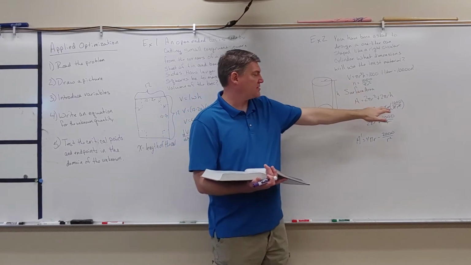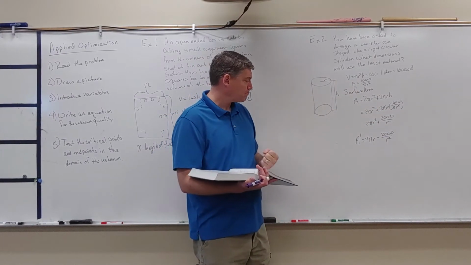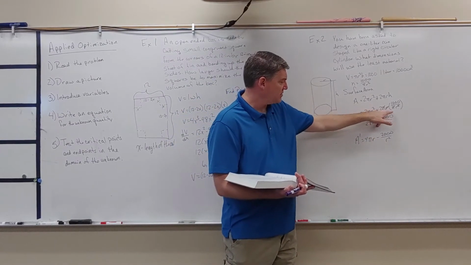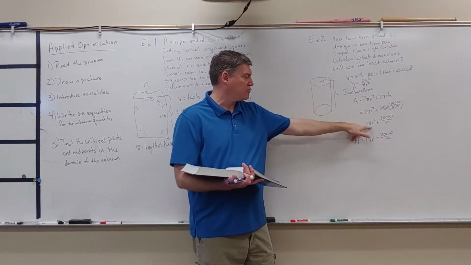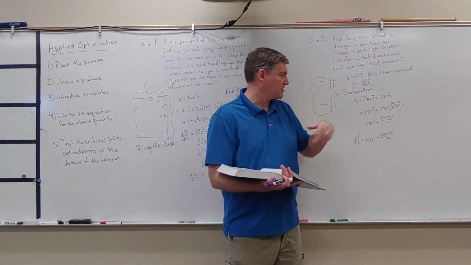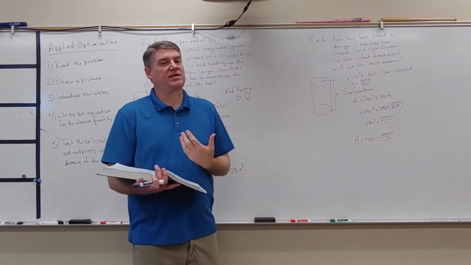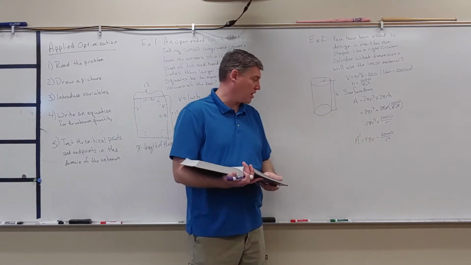I'm going to take this and substitute it in for h, just to simplify my expression. When I do that, the pi's cancel out, one of the r's cancels out, and I get a surface area of 2 pi r squared plus 2,000 over r. Okay, I'm now going to take the derivative of that with regards to r.